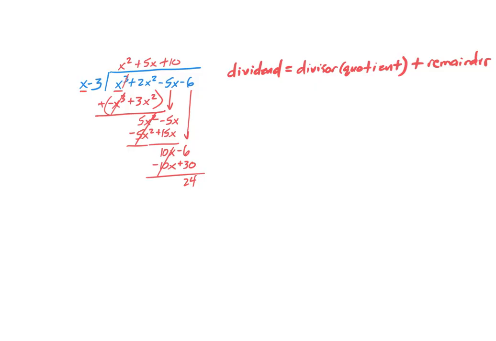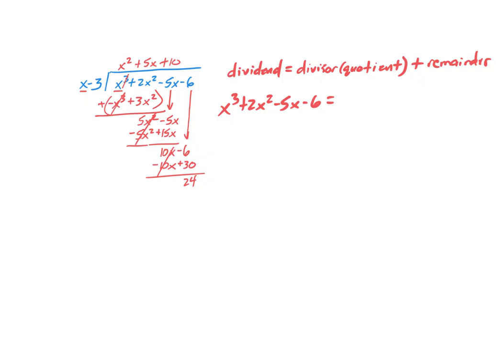The dividend is what we have underneath, okay? So that's going to be x cubed plus 2x squared minus 5x minus 6.